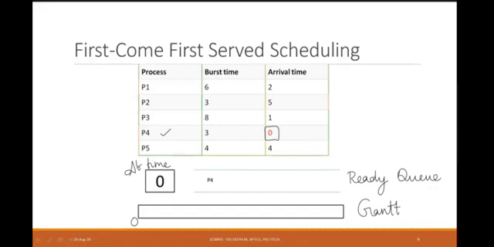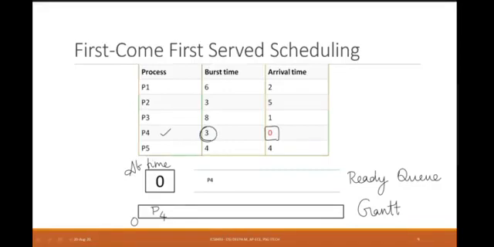So shall we put it onto your CPU? This process arrived onto my ready queue at time 0. Because there are no other processes being executed on my CPU, I am directly moving the process P4 from your ready queue to your CPU. How long should the P4 process occupy the CPU? That is given by my burst time.